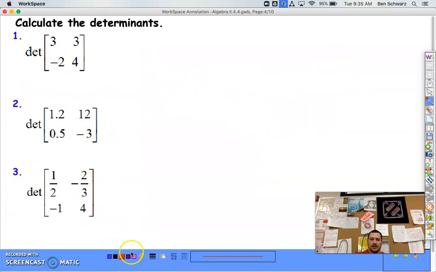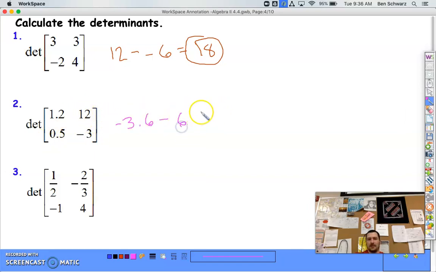Going back to the 2 by 2s to make sure you remember, it's the main diagonal minus the other diagonal. So here we would have 3 times 4, which is 12, minus 3 times negative 2, which is negative 6. That would be 18. Next one, main diagonal, 1.2 times negative 3. It's going to be negative 3.6 minus 12 times 0.5, which is 6.